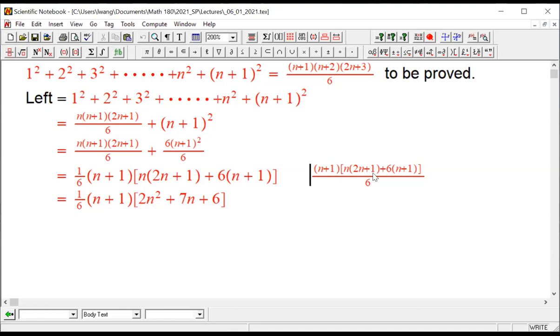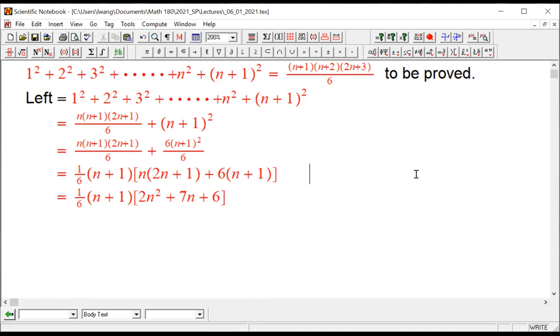You certainly can write it this way, but just try to learn another way. Are you with me? Okay, so now factor the brackets. What do we get after factoring the brackets?